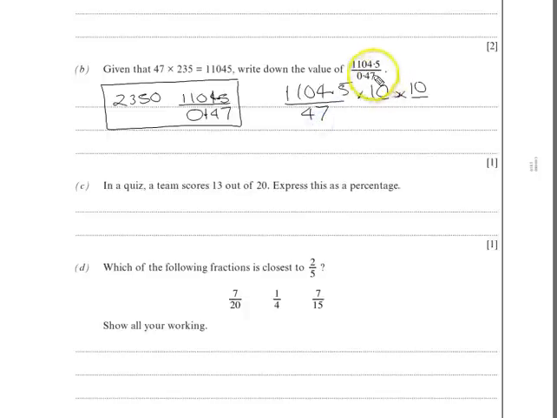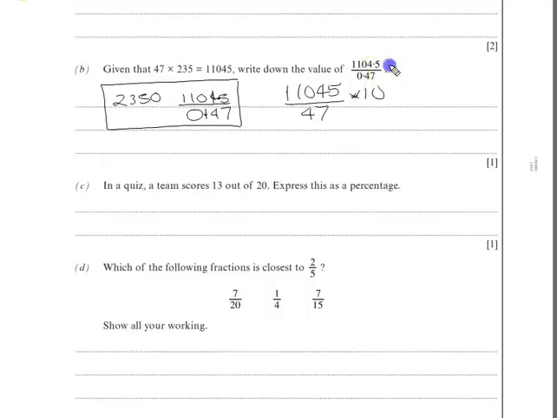Agreed? And if I look at the 104.5, at the moment I've got 104.5. I want 1104. So one of these 10s I can join with the 1104.5. Yeah? To make the actual 11045. Yeah, so basically I've got that number times 10. Let's just tidy it up. And now I've got that times 10, yeah? Agreed? Times 10.